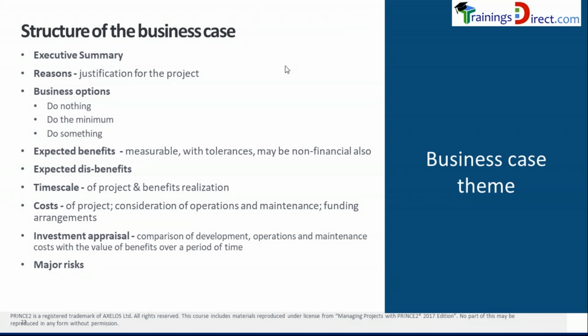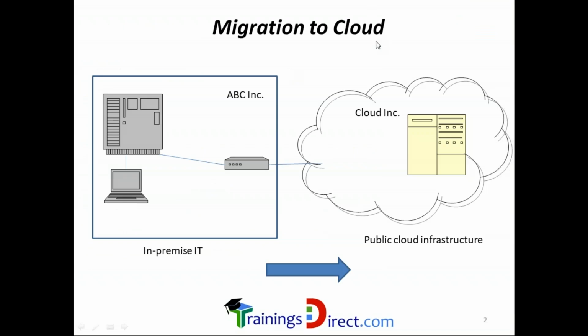Let us look at a real-world example of a business case. An organization, ABC Inc., which has its own IT systems, hardware and software, etc., is planning to migrate to a cloud environment, meaning there may be another organization presenting IT systems and applications which may be used by any other organization.